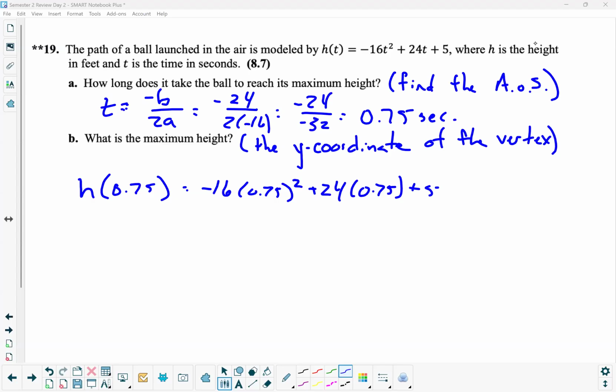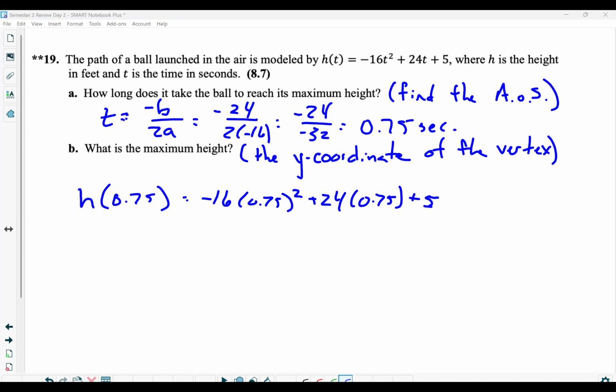So what I'm going to do is plug that into my calculator because it's much easier for the calculator to make that calculation.